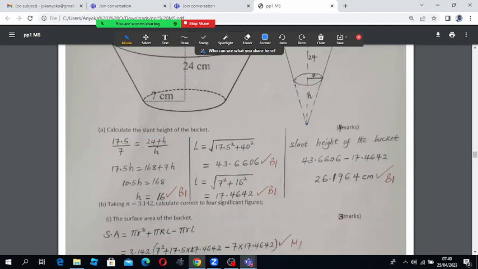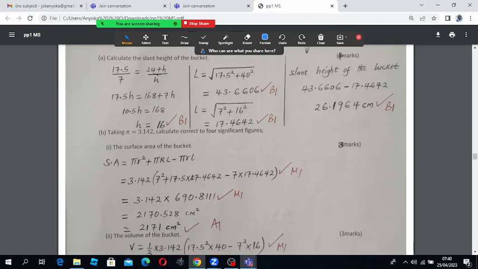Let's go to the second question, part B. We are getting the surface area of the bucket. Now, here you should underline the 4 significant figures.